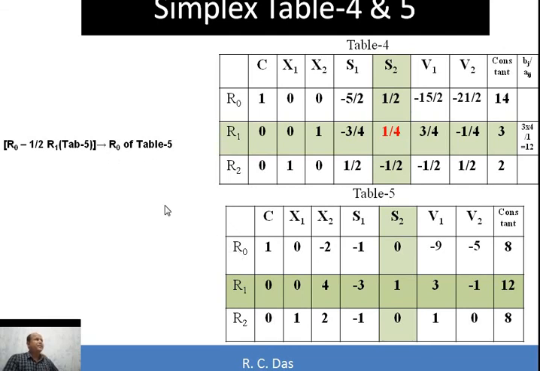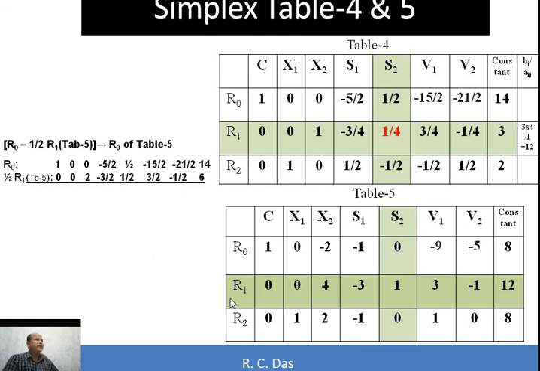So this is the row of table number 4. So half of row 1 of table number 5 is 0, 0, 4 by 2 is 2, 3 by 2, 1 by 2, 3 by 2, minus 1 by 2, 12 by 2 is 6.